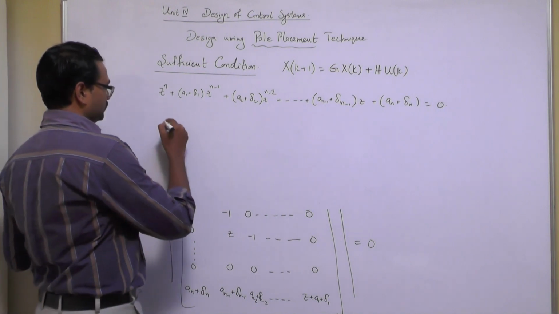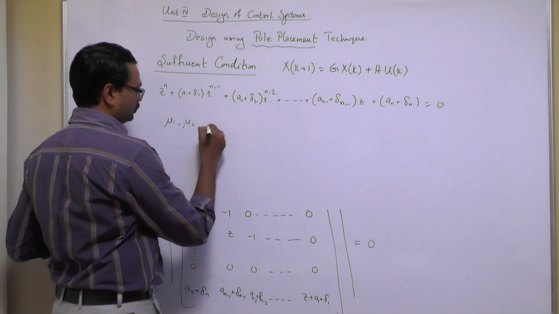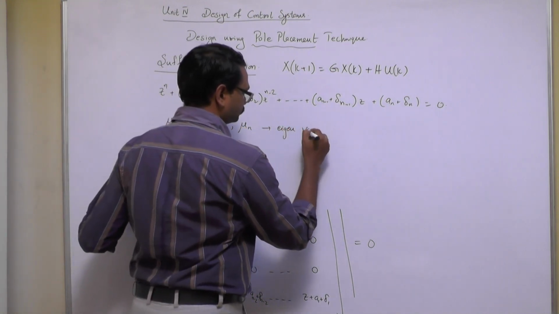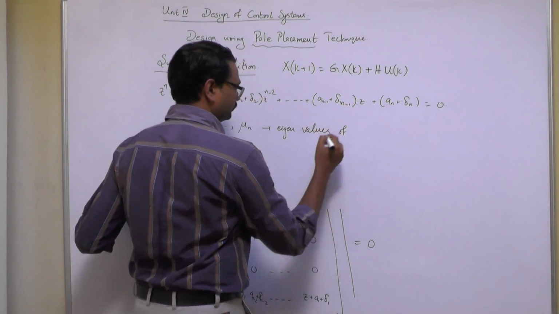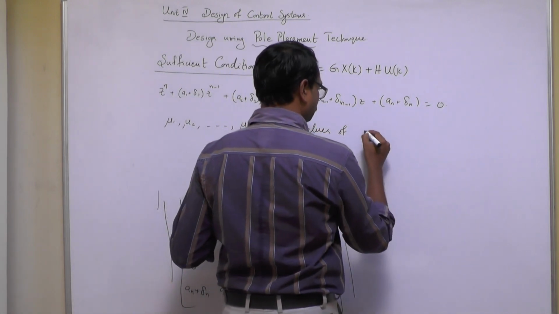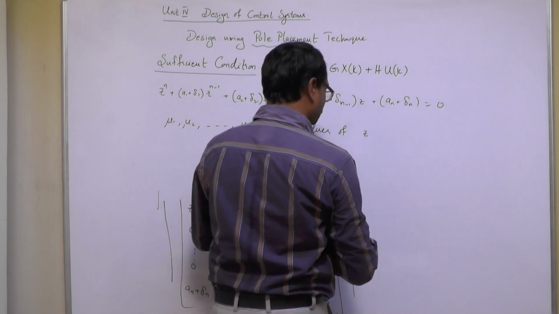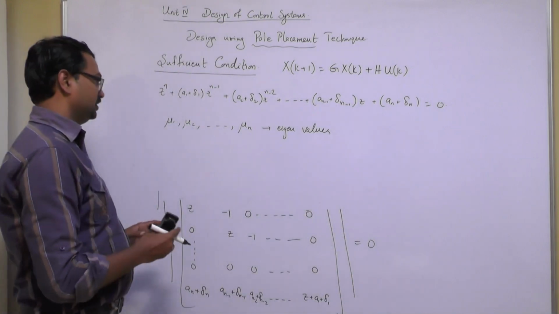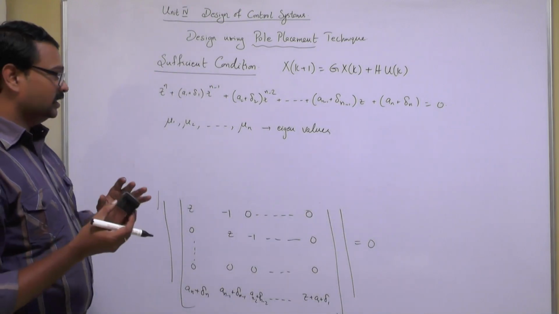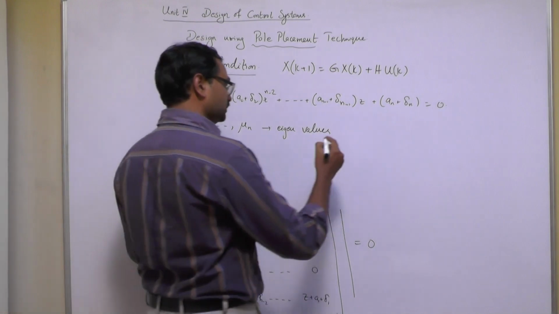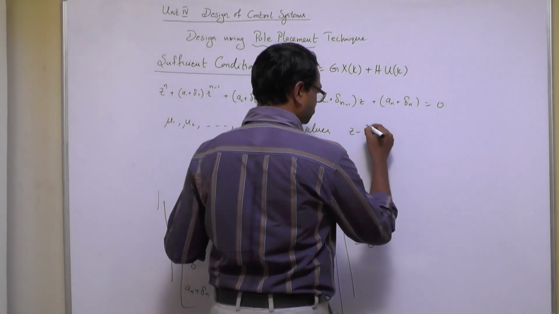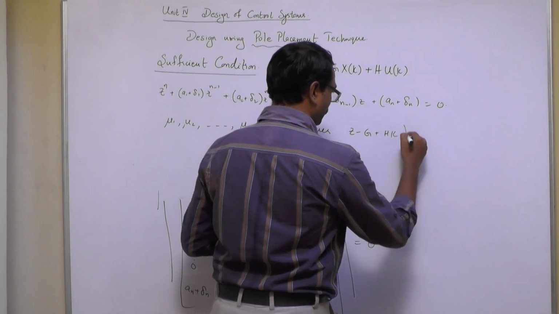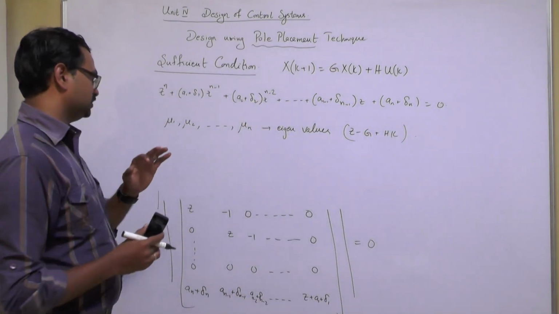Now let us consider mu1, mu2, and so on to mu n are the eigenvalues of the matrix of the system, the characteristic equation. These are the eigenvalues of our linear time invariant system, which we have to place in the desired location. Our desired location is nothing but A minus B K. This is where we want to place our poles.